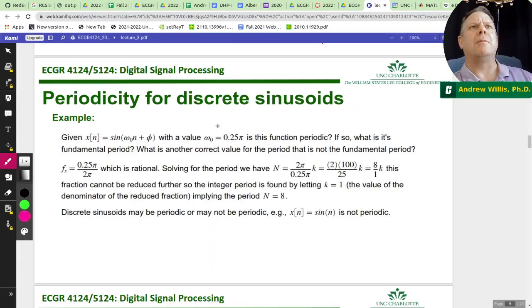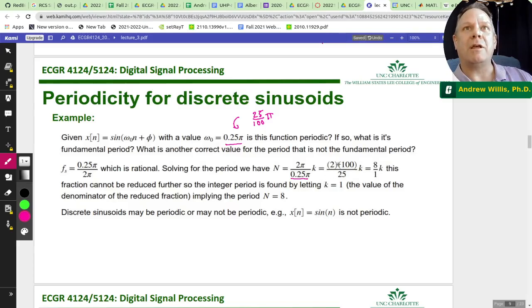So here's another example. In this case we chose 0.25 pi. Is this going to be periodic? Yes. You can write this as 25 over 100 times pi. So we already know it's a rational number times pi. It's definitely going to be periodic. And so how do we proceed? Well, we write 2 pi k over 0.25, which is omega naught.